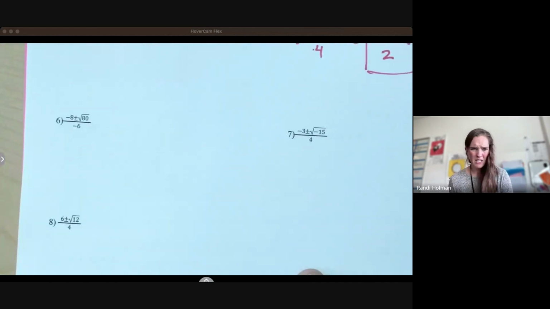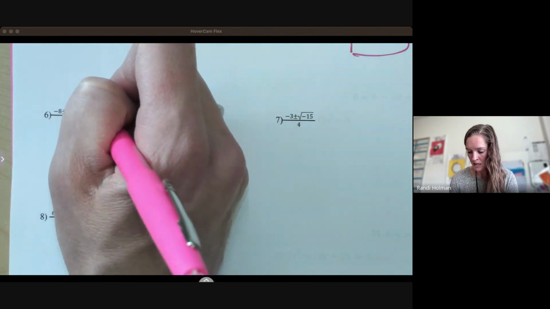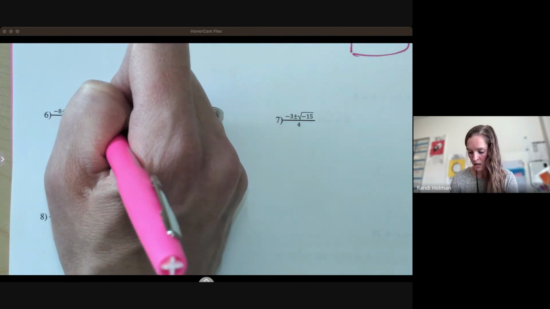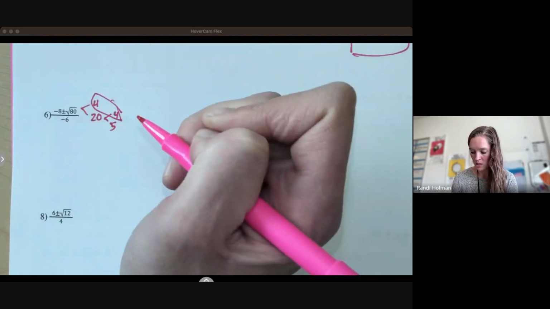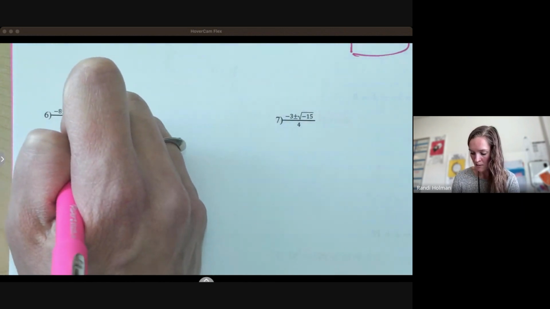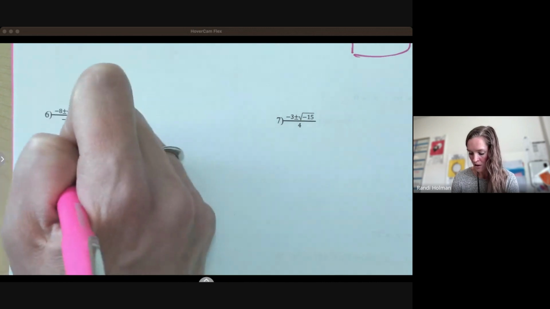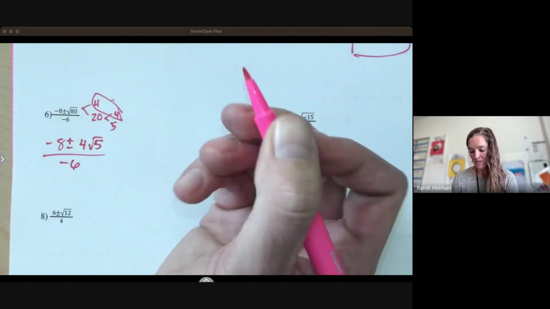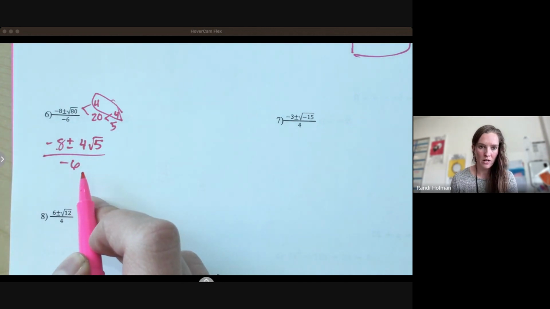Okay, let's try another one here. We have negative 8 plus or minus the square root of 80. So I'm going to make 80 into 4 and 20. 20 is 4 and 5. Oh, there's a pair of 4s. So I'm going to have negative 8 plus or minus 4 root 5 over negative 6. Okay, and then I'm looking at all 3 of these values. They all have a factor of 2.